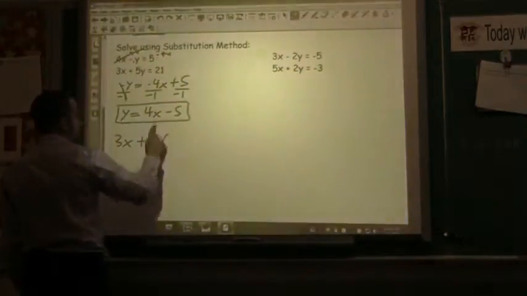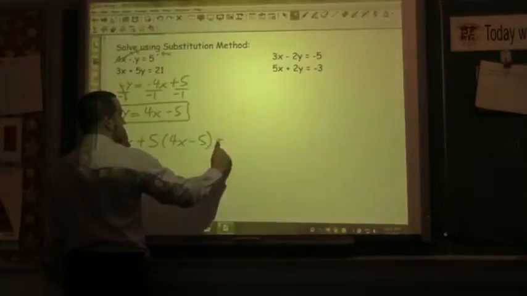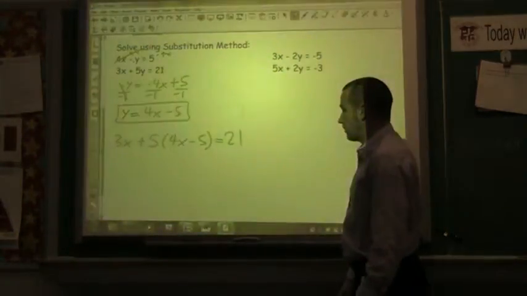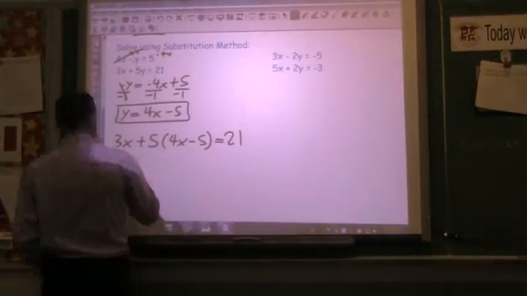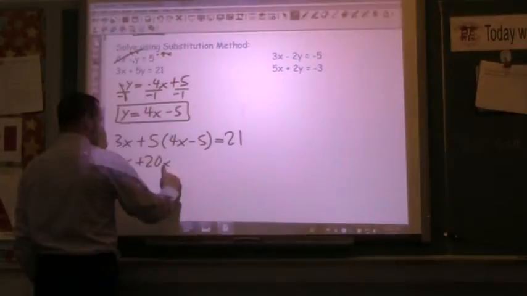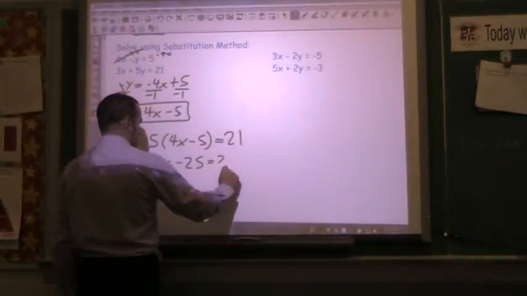So it's 5y, my y is 4x minus 5, equals 21. Multiply it out. 3x plus 20x, subtract 25, is 21.